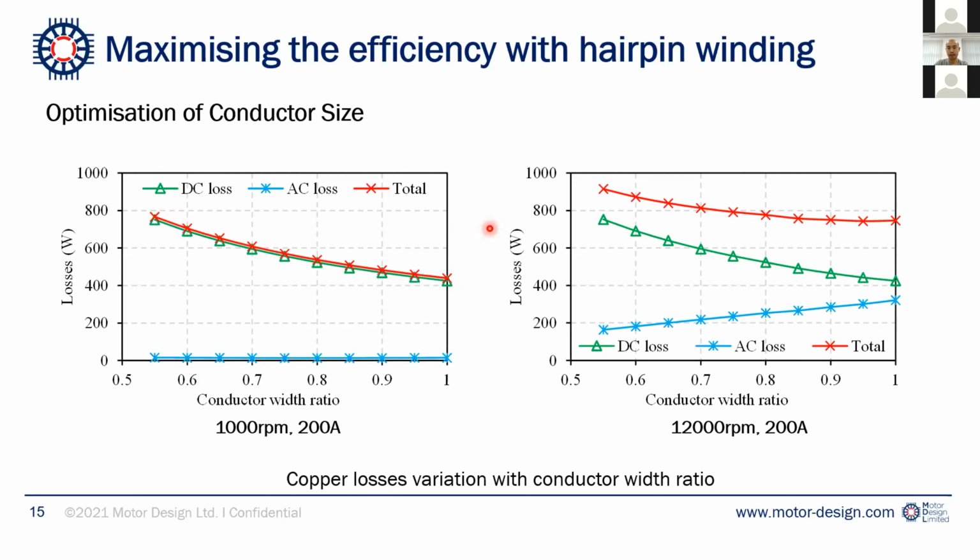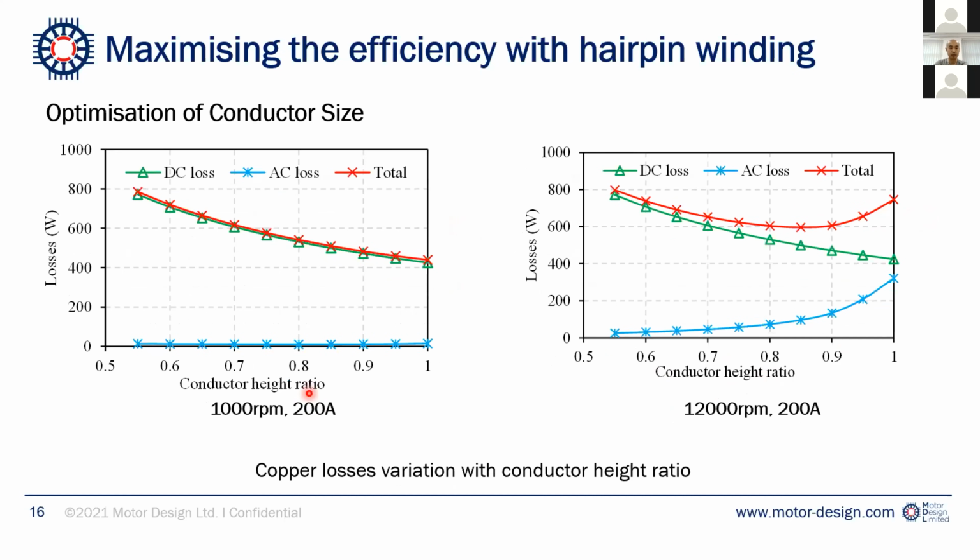At the high speed operating point, there is an optimal conductor width ratio at around 0.5, and the loss then increases again as the ratio decreases further.